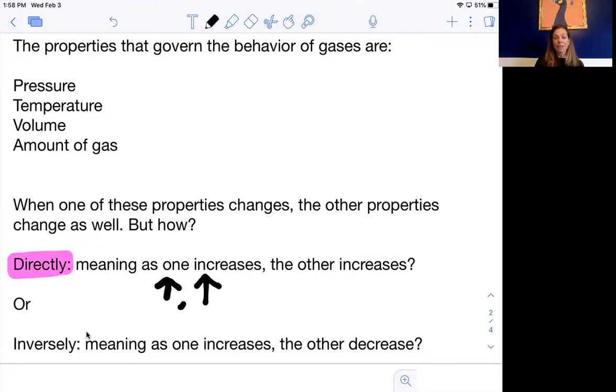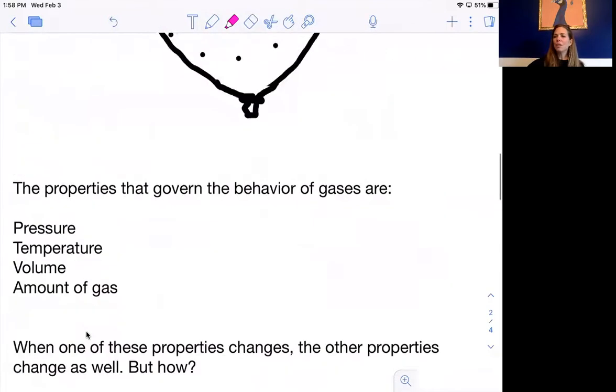On the other hand, inversely means they go in opposite directions. So as one goes up, the other one goes down. And what I want you to do is think about these variables and your own experience with balloons. I want you to go back to the questions that I asked.